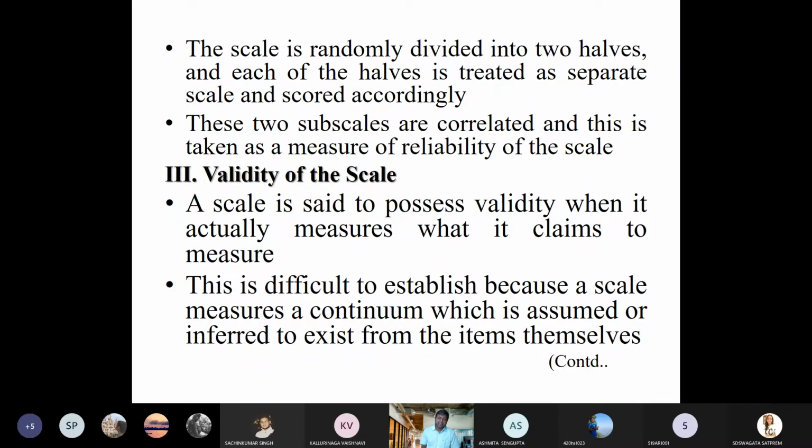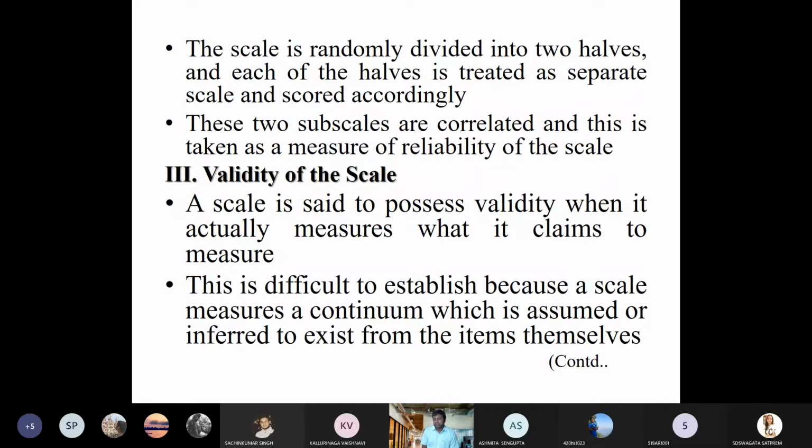A scale should have reliability and validity, through that your justification will be good, because unless your questions or your scale have reliability and validity, you cannot properly argue.